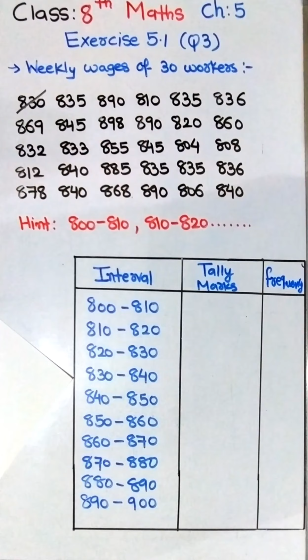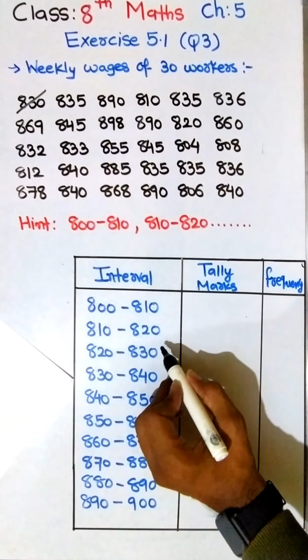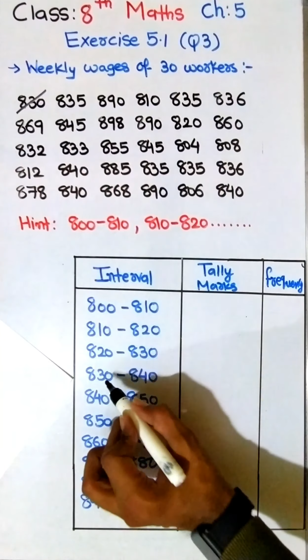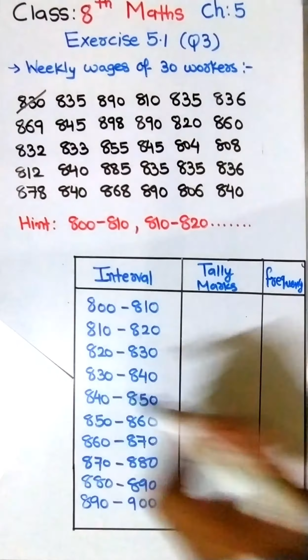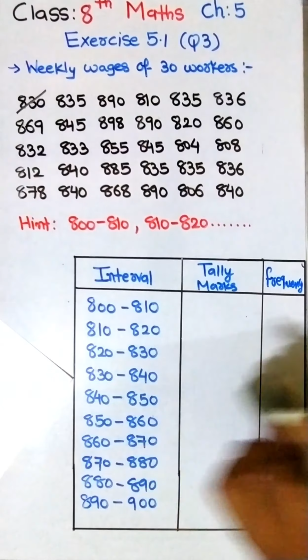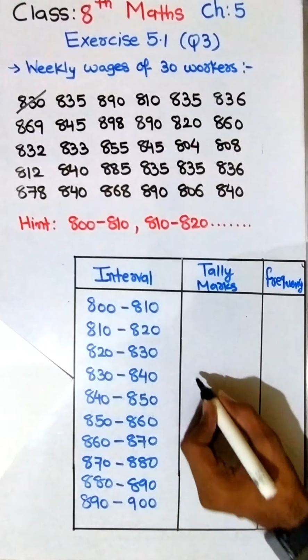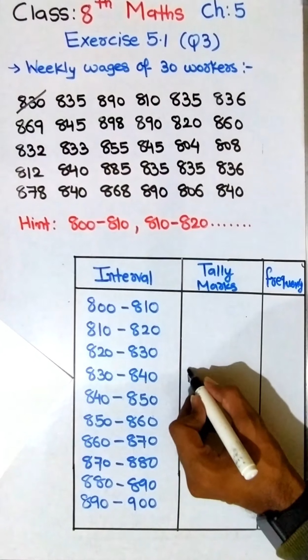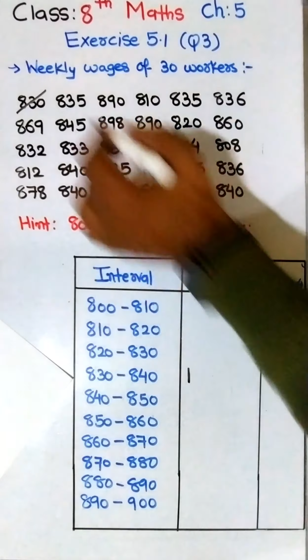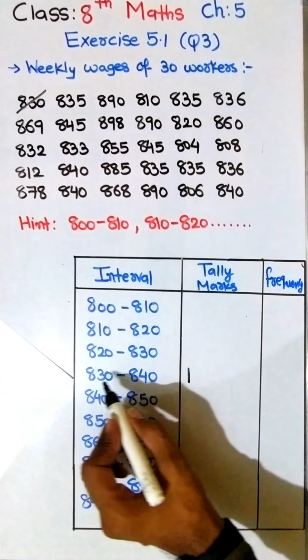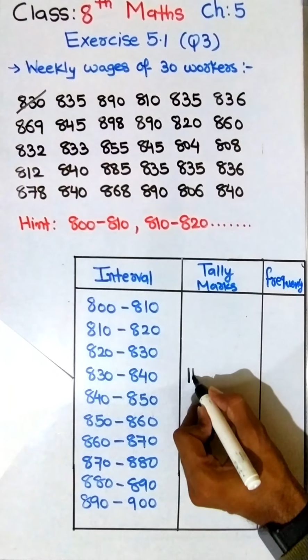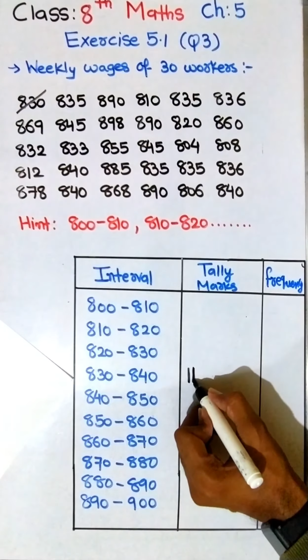But you have to remember a simple rule that a common observation belongs to the higher class. So if 830 is common in this one and this one, it will always belong to the higher one. That means 830 to 840. Okay, so here we are putting a small line. So 835 comes in this class, 830 to 840, so one line.